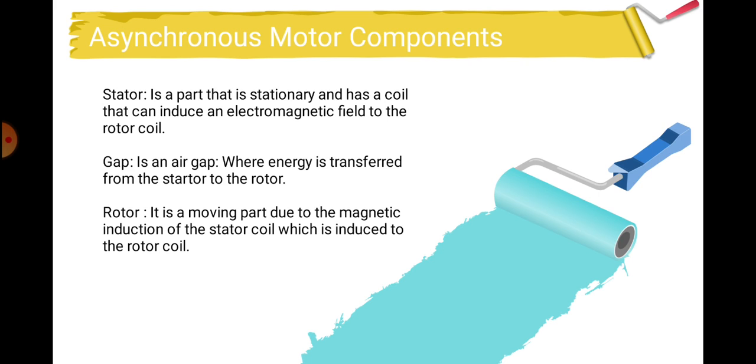The gap is an air gap where energy is transferred from the stator to the rotor. The rotor is a moving part due to the magnetic induction of the stator coil, which is induced to the rotor coil.